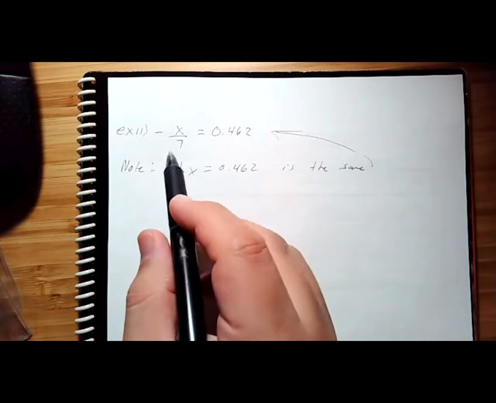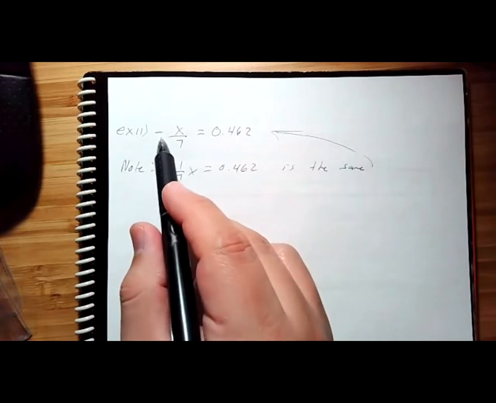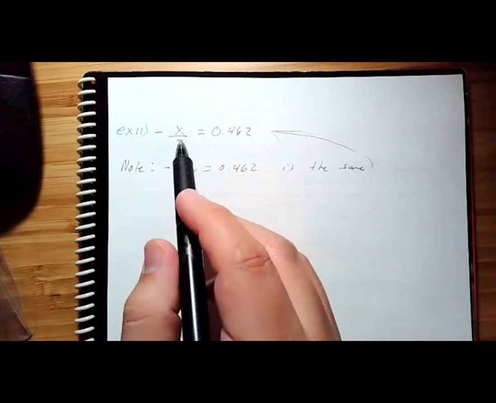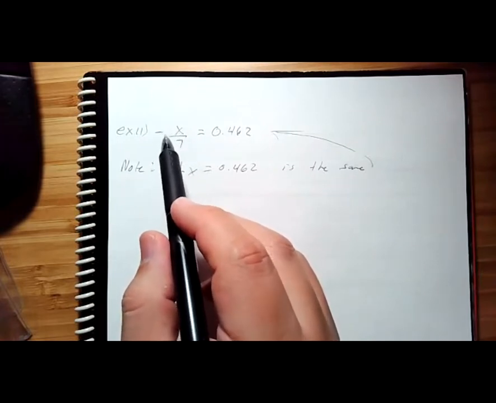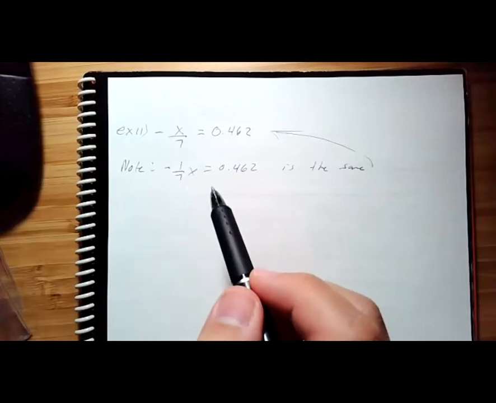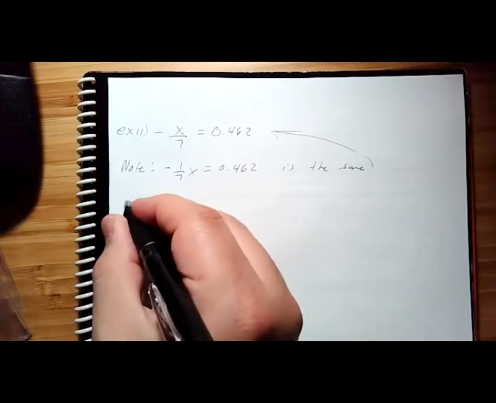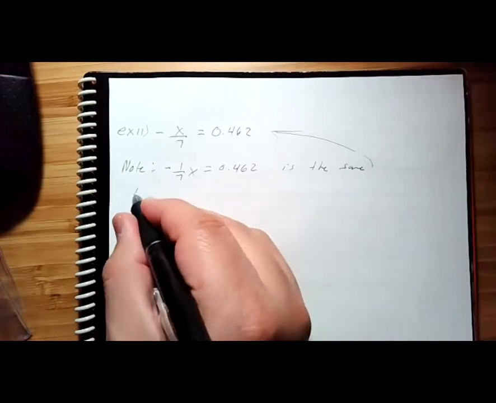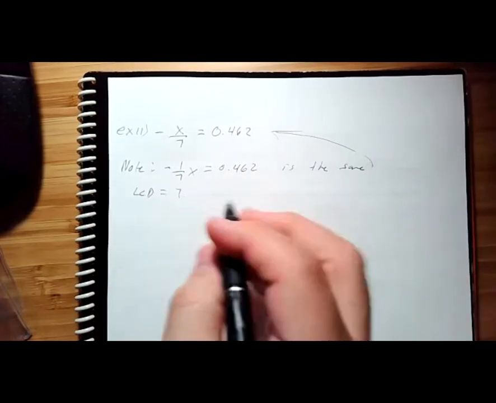But if it's negative, we're going to have to do an extra step. Or you can do it all at once and say, I'm going to multiply by -7 to cancel the negative and cancel the 7. So let's do it piece by piece. Let's say you didn't see it and you just went with the LCD equals 7.